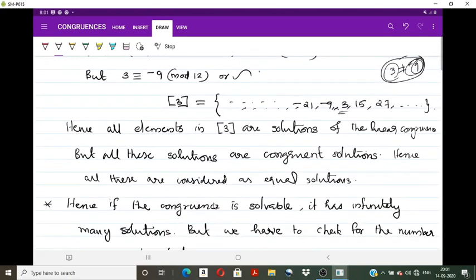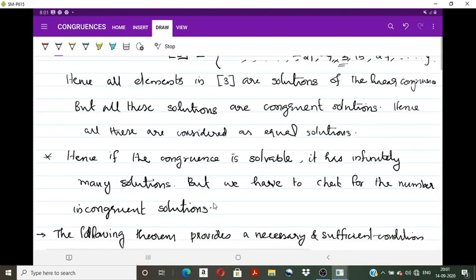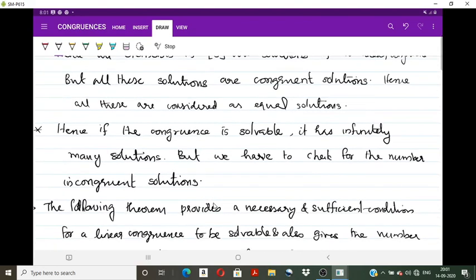Obviously these incongruent solutions will lie in different congruence classes. Hence, if the congruence is solvable, it has infinitely many solutions, but we have to check the number of incongruent solutions.